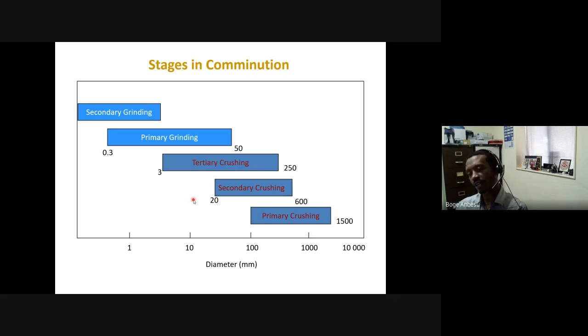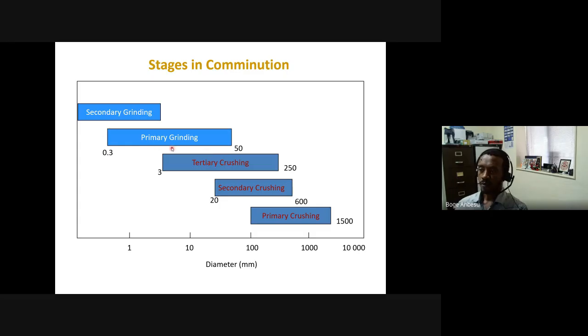Okay, so again, these are very flexible, variable numbers, and they depend on the operation. They depend on the nature of the rock, which means the hardness of the rock, and the mining method used. They depend on a number of factors. So these are just guidelines.